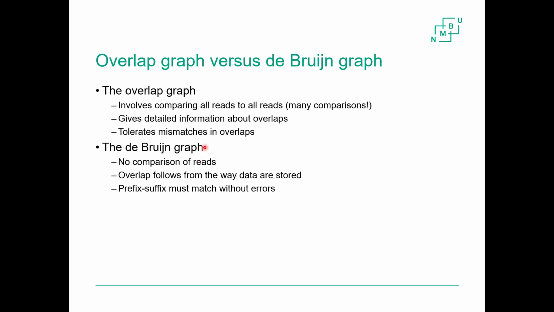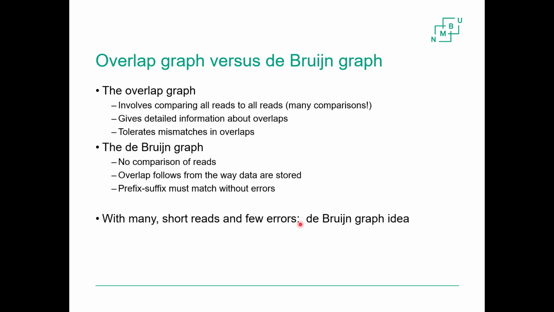While if you have nanopore data, the overlap idea is actually better in many ways, because we don't have that many reads anymore. They are few and long. So comparing reads to reads is not such a big job anymore, but the problem is we have a lot of mismatches, a lot of sequencing error. So we need to tolerate mismatches in order to find overlaps at all.